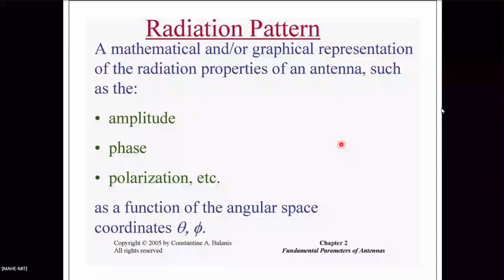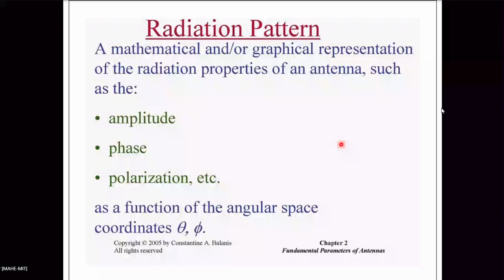So in general, what is a radiation pattern? A radiation pattern is a mathematical function or a graphical representation of the radiation properties of an antenna as a function of space coordinates. Radiation properties include power flux density, radiation intensity, field strength, polarization. We can use a two or three dimensional pattern. Why two or three dimensional?